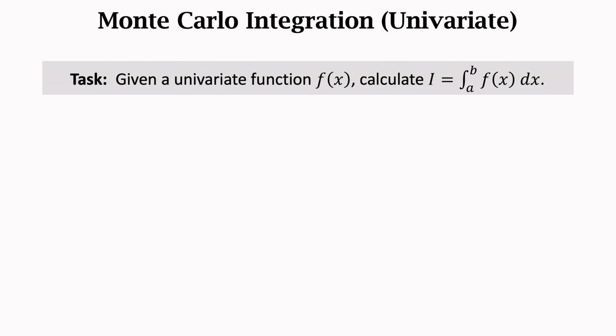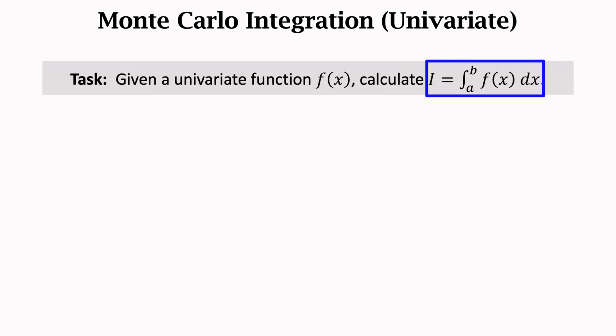Let's begin with the easiest problem, Monte Carlo integration for univariate functions. Univariate function means that the variable x is a scalar. Given a univariate function f(x), we are asked to calculate the integral of f(x) on the interval from a to b.